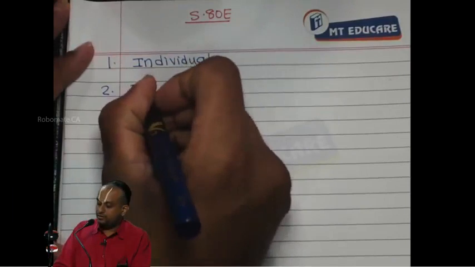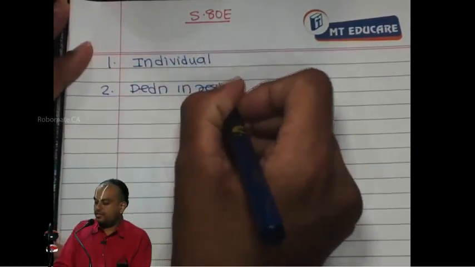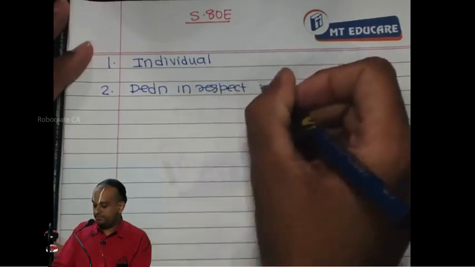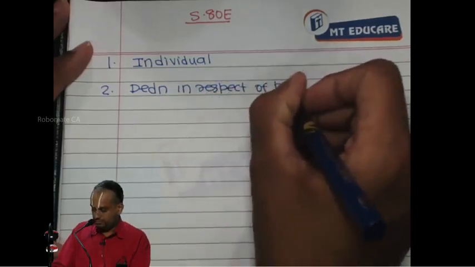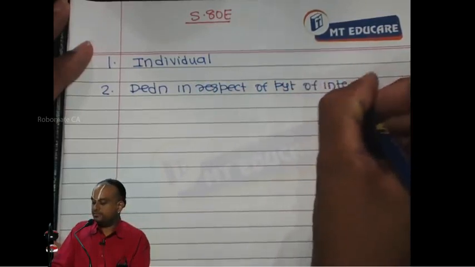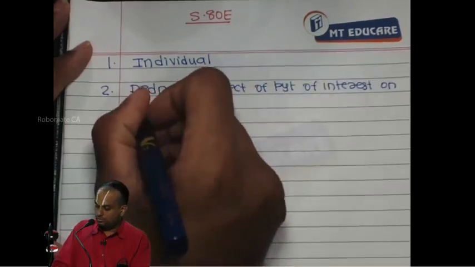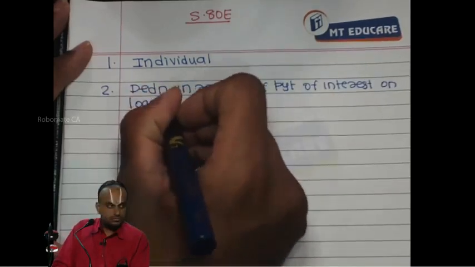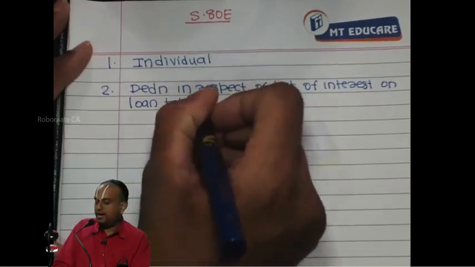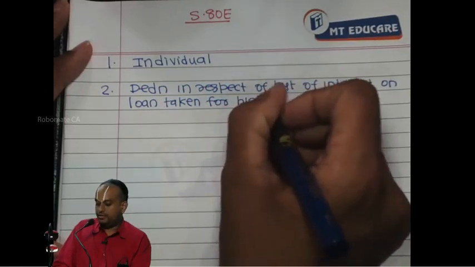This section allows deduction in respect of payment of interest on loan taken for higher education.